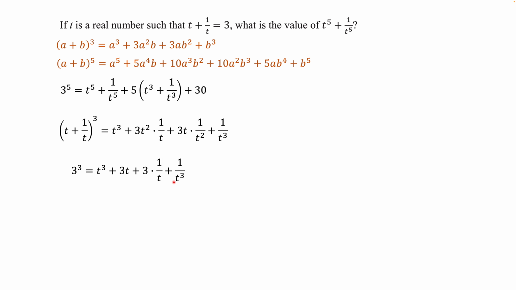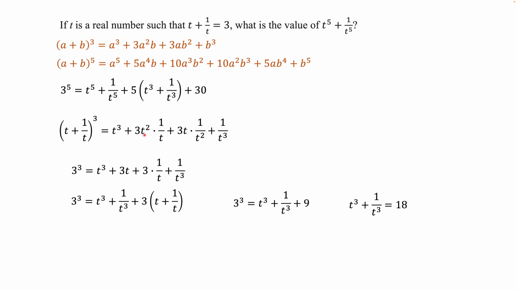Now here I can also collect the terms together. This is t cubed plus 1 over t cubed. That's something I'm looking for, right? Because I need it in this formula. But this thing I know, it's 3. Right? So I got this expression, and after a little bit more manipulations, I get t cubed plus 1 over t cubed is 18. So now I'm actually done, really.